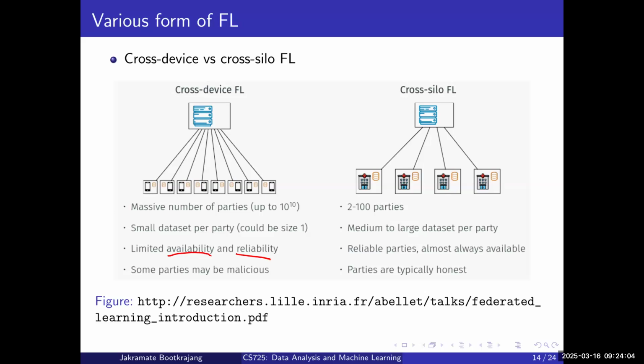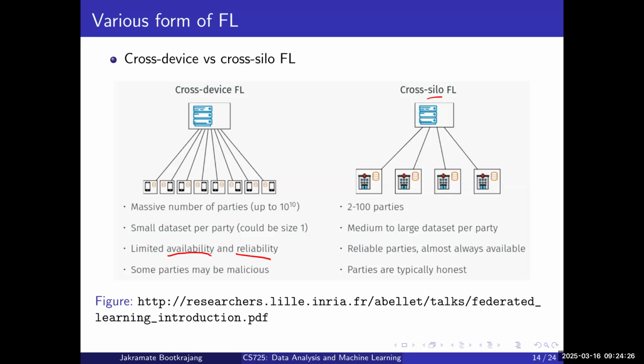The second form is called cross-silo federated learning. Now, in the cross-silo setup, your client is actually maybe a bigger client. It's more reliable. It contains a larger data set.